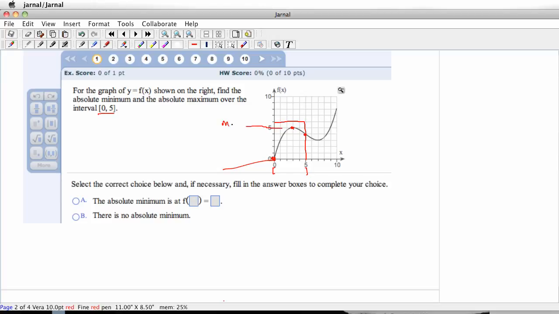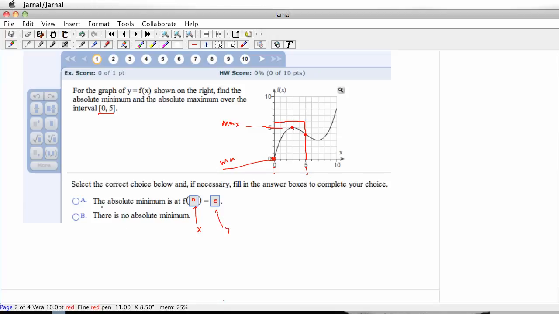If we were looking for these extreme values of this graph, then the smallest y value we see is y equals 0. So I would say the absolute min is f of 0 equals 0. In other words, this tells us the x-coordinate, and this tells us the y-coordinate of the smallest y-coordinate that we see.